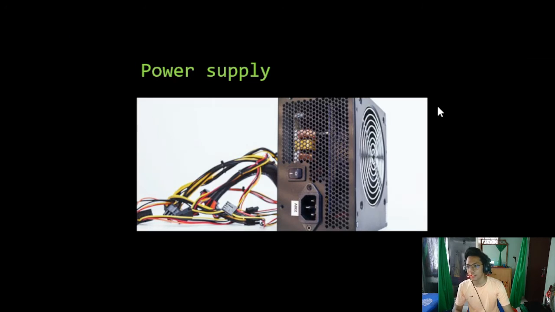And every single secondary device, like a hard disk and also the CD-ROM drive, needs a power supply to make it functional. So to activate the hard drive, you need to connect it to the power supply and also connect it to the motherboard.